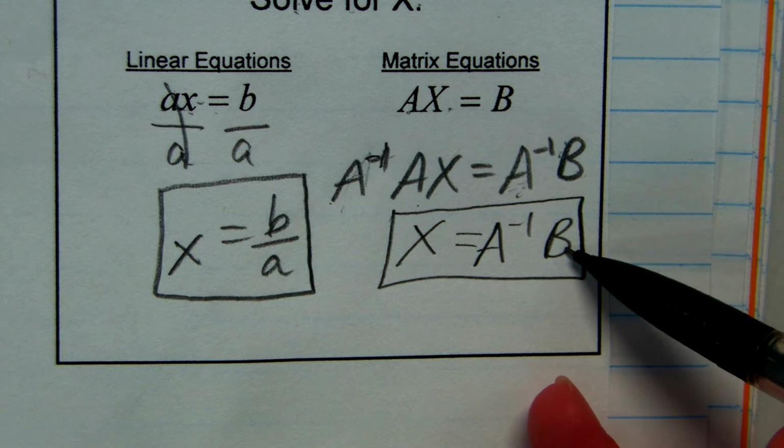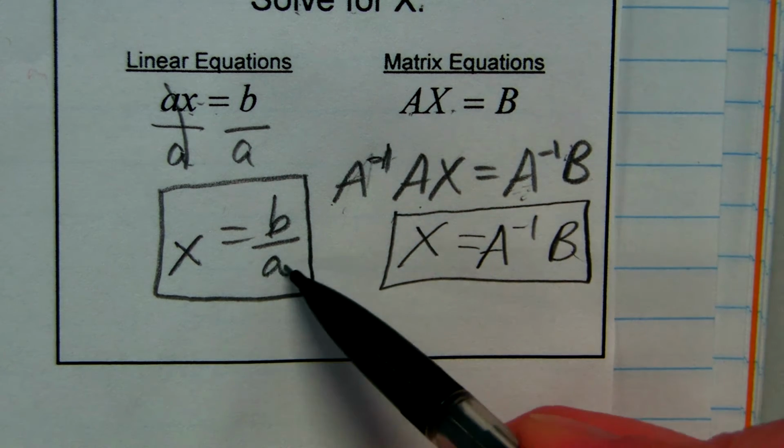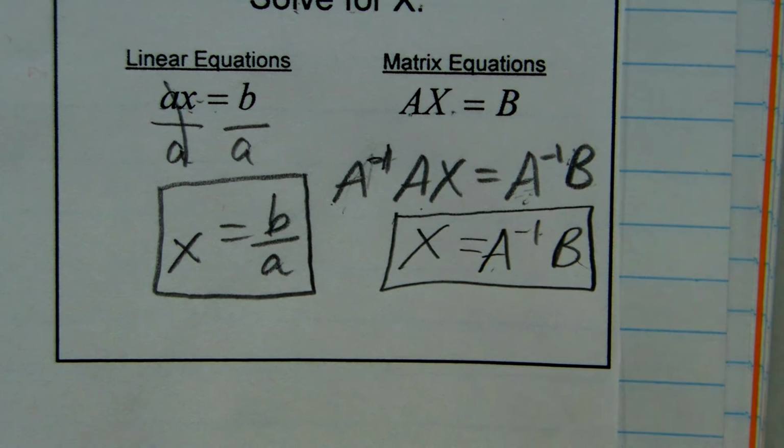It'll make more sense when we get into the numbers. But this just explains we don't really have division like you do in normal equations, so we use the inverse. That's our equivalent thing for matrices.